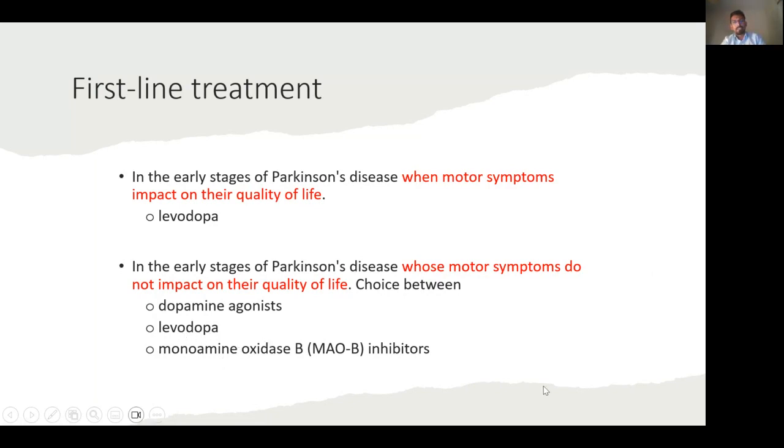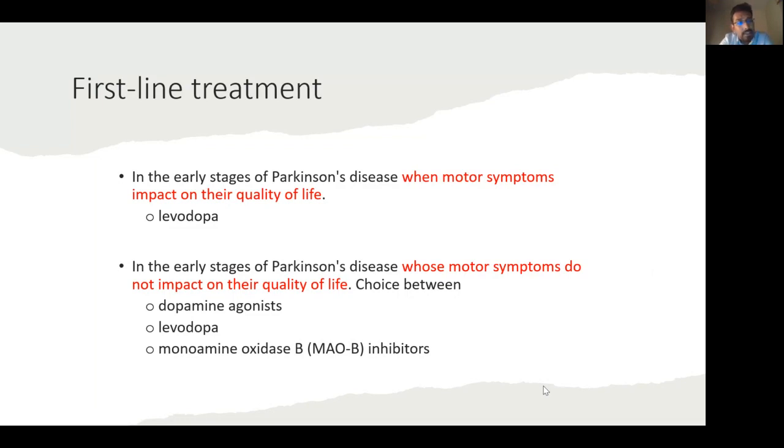The reason for this differentiation is levodopa is much more effective with a less significant side effect profile than the other options. If the patient's activity of daily living is not affected, then why do we need to consider other options?